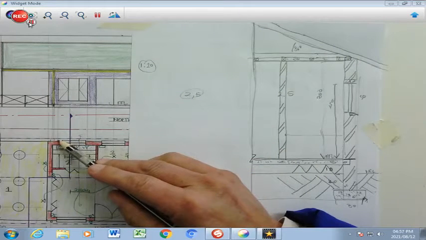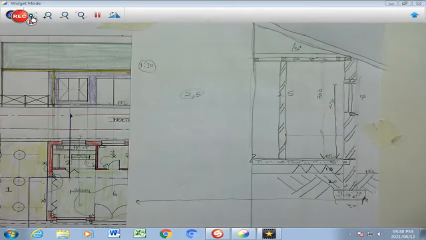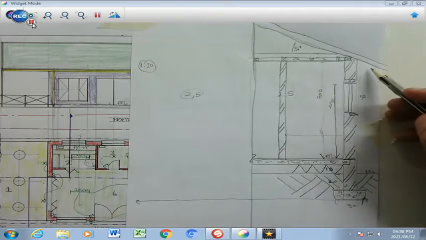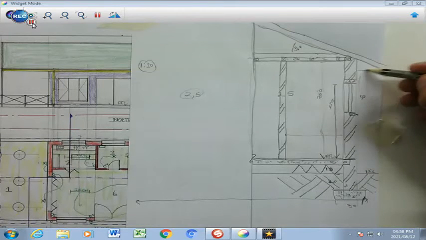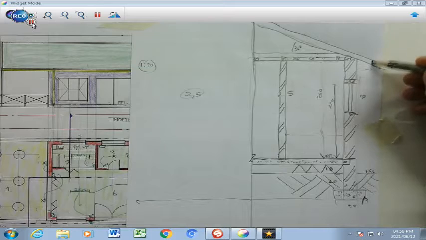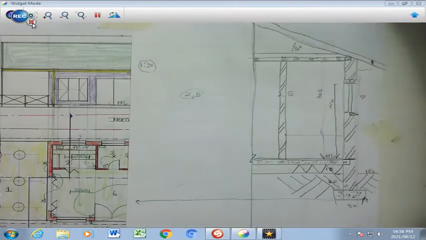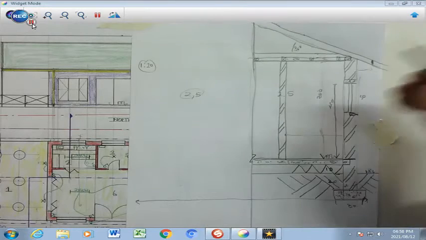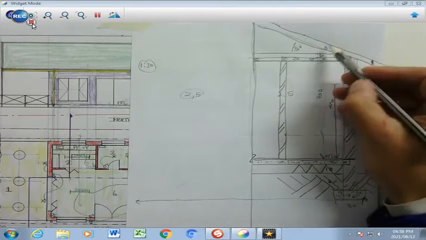My overhang here is 3 millimeters, and if you take 3 millimeters and you times it by 2.5, you are going to get your overhang, which is going to be 7.5, but we can round it off to 8, so you're going to measure 8 right there. Okay. So that's going to be 6, and that's going to be 6, and remember this is 2.